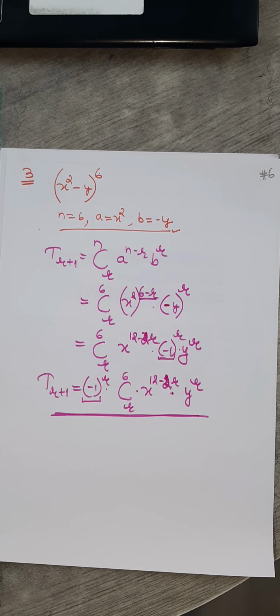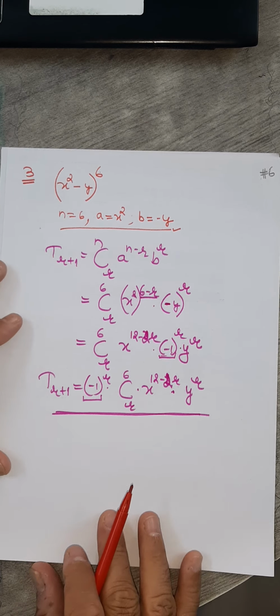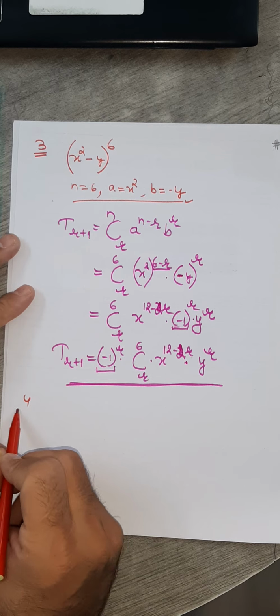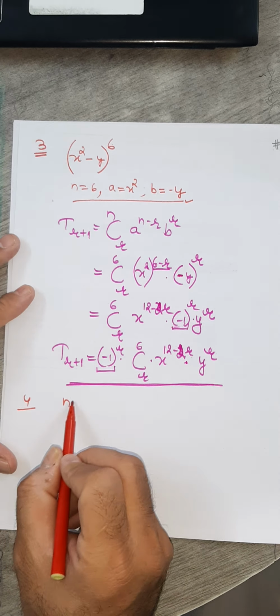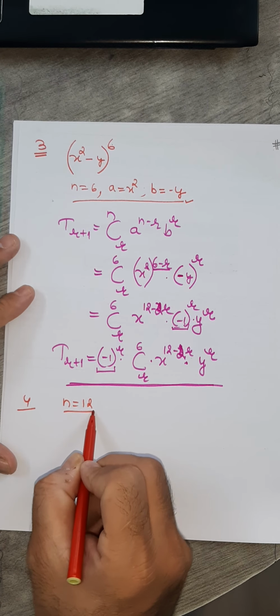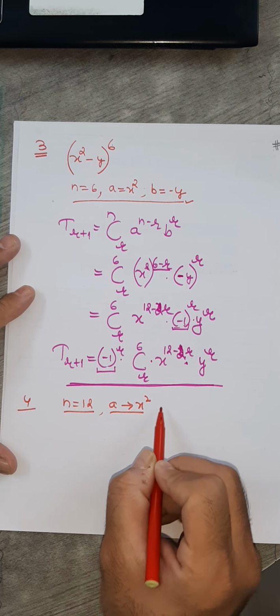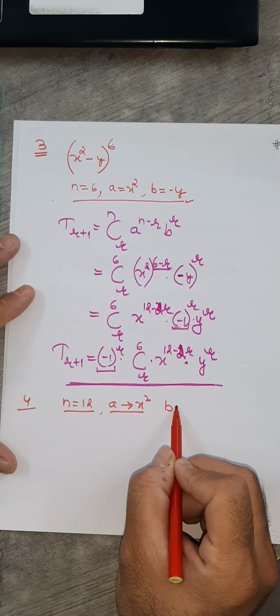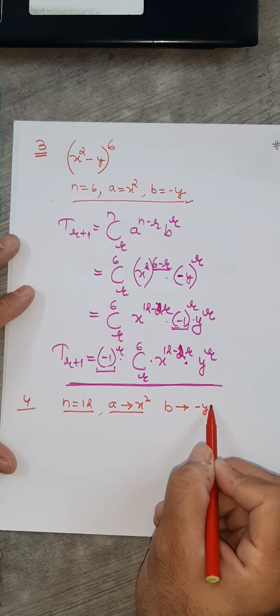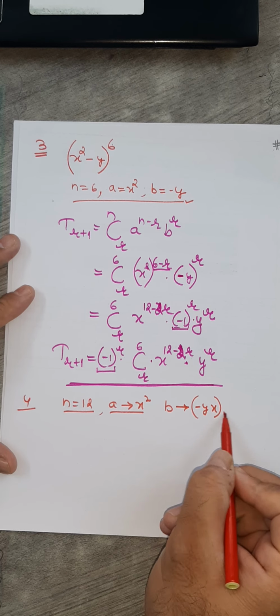What about next question? It's the same question. वही है next में. Fourth question में. Just write n. What is n there? 12. What is a, which is x squared? What is b? b is nothing but what there? Minus yx, remember. Okay.